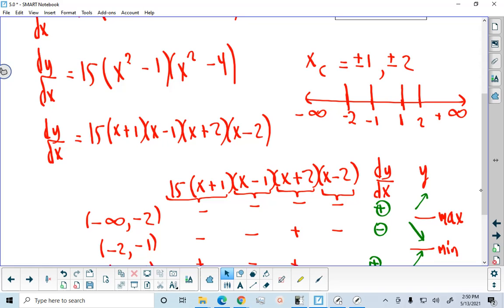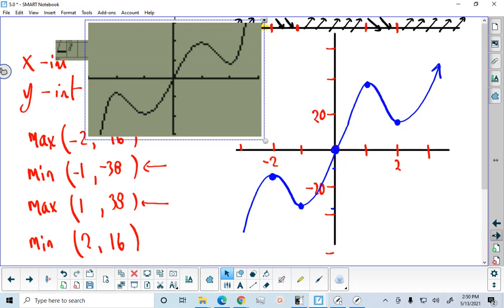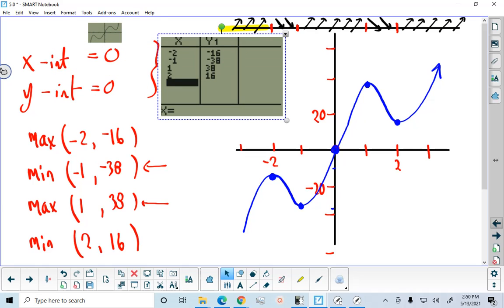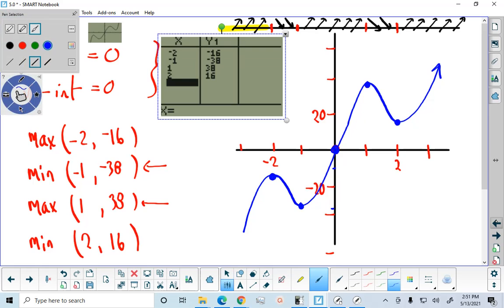By the way, since this is odd, I mean, I did all of the work here, but if this is odd, we created a table. Let me show you the table. Remember we found the y coordinates? I don't know if you remember, but I didn't worry too much about 2 of these, because I knew that if at -2 you had a y coordinate of -16, I knew at +2 it had to be +16 because it's odd.